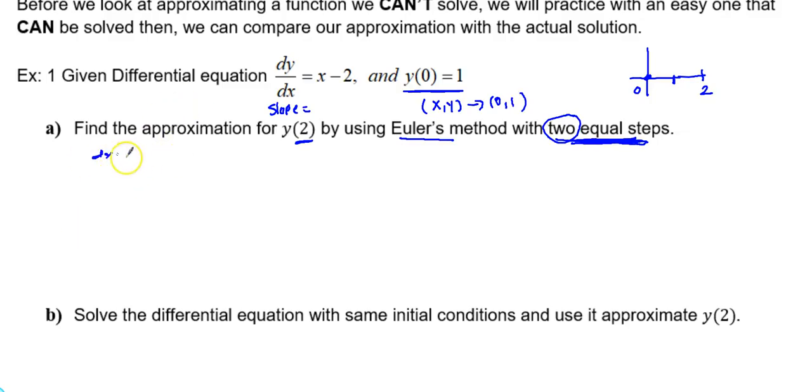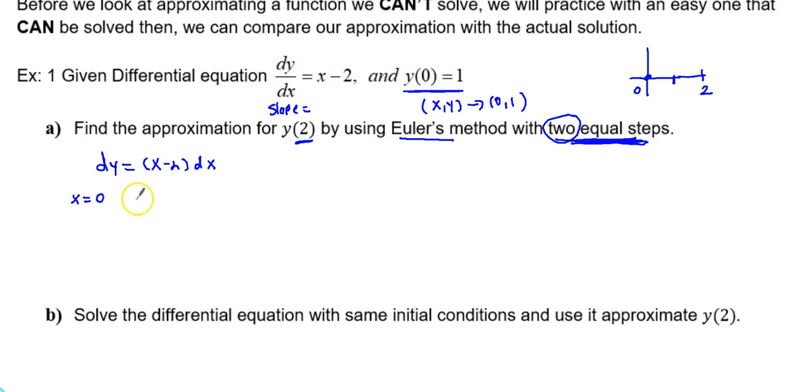This is preliminary work. dy is equal to x minus 2 times dx.